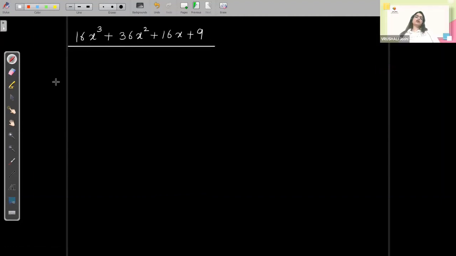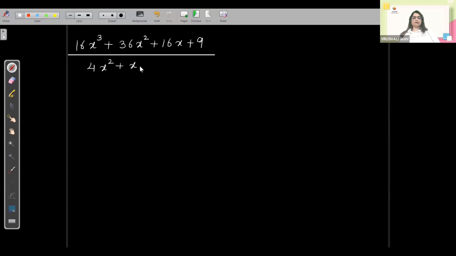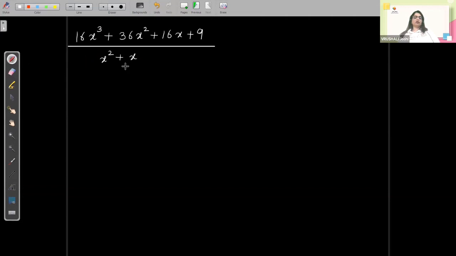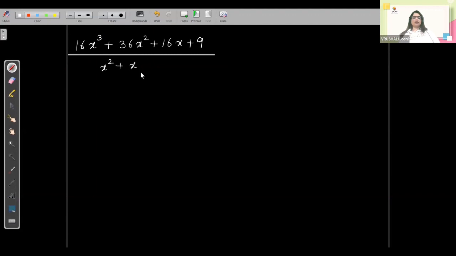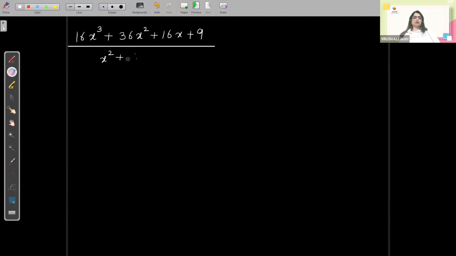So we'll take 16x cube plus 36x square plus 16x plus 9 divided by 4x square plus x. We did not do what we have here, no? Wait 1 second. We will remove the 4 because this type I have not done with you. Okay. Let's take it as x square minus 2x plus 3. Now, 1 second.